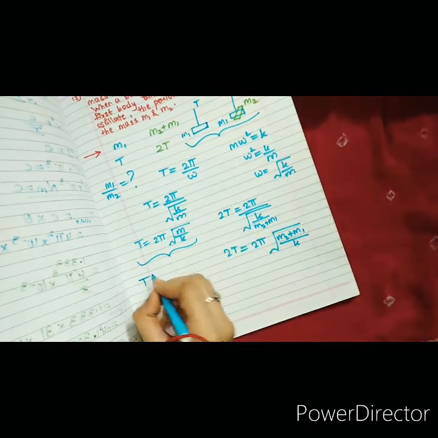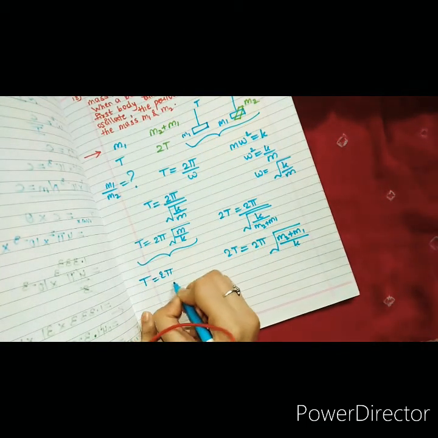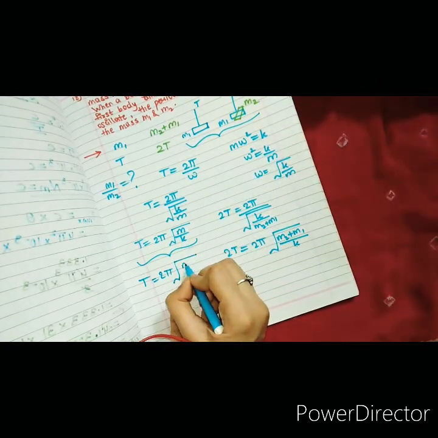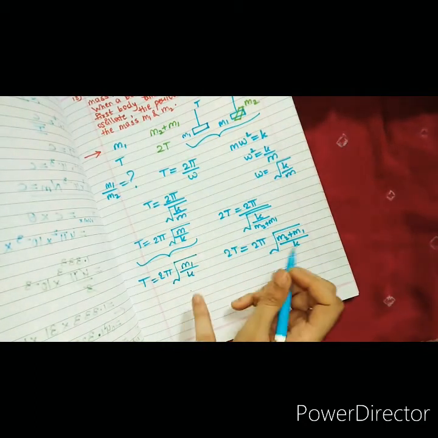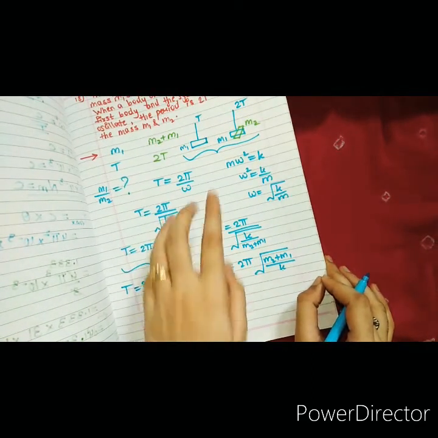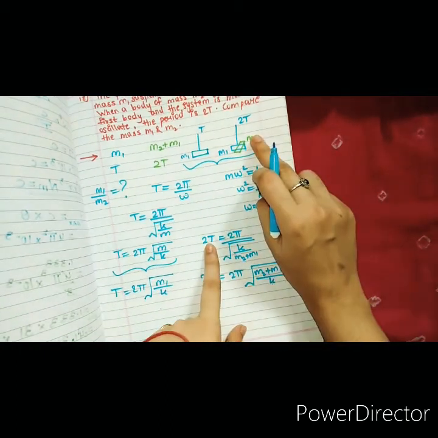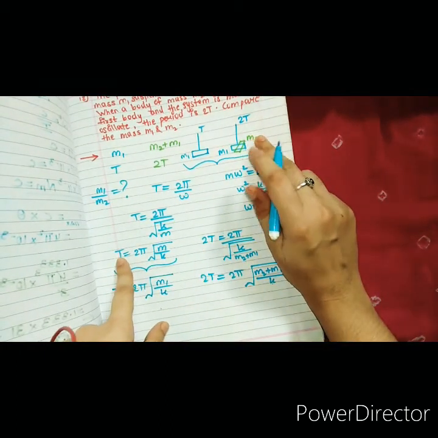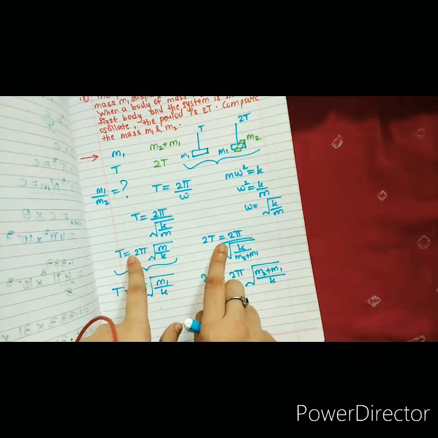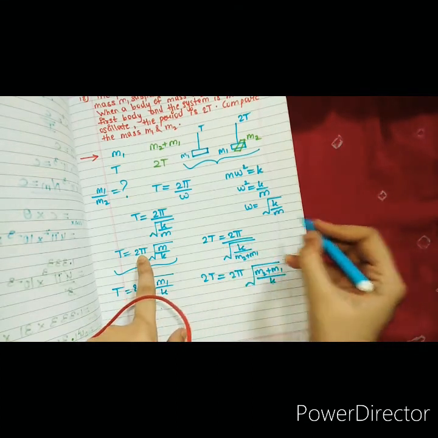So let's see what it will be for my first system. Time period is t, so this t will be as it is. Then it is 2 pi under root mass, and here mass is m1 upon k. Understood? This is my time period equation for the first system. Coming to the second system, in place of time period it is 2t, so I have substituted 2t is equal to 2 pi.